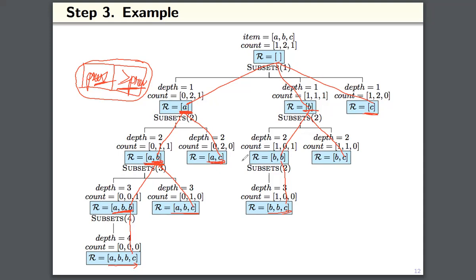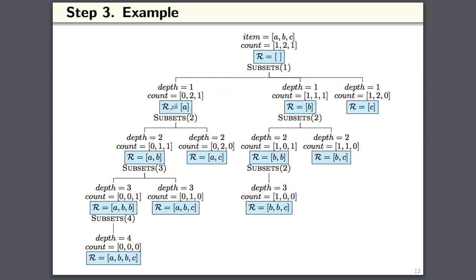Here, for the first character, it's ABC, right? Easy to see. If you add A, the count of A decreases by 1. If you add B, count of B decreases by 1. If you add C, count of C decreases by 1. Okay, once you have added A, now you can try adding ABC for the second position.